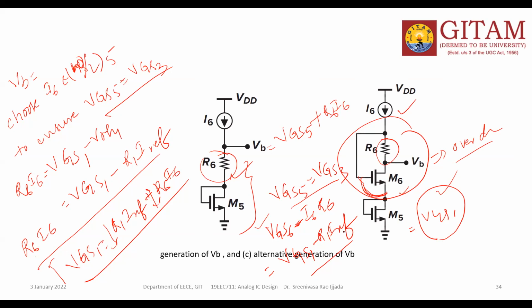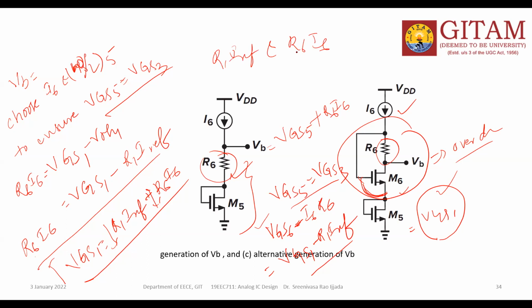Now it is possible to ensure that VGS6 and VGS1 track each other, and so do I1 R1, I reference, and R6, I6. That's it.